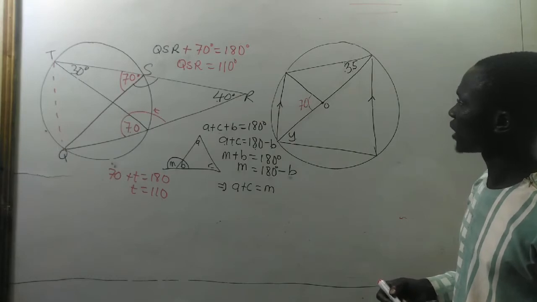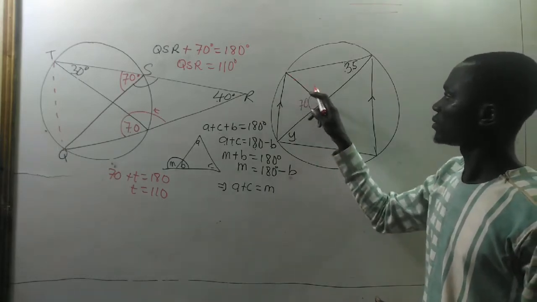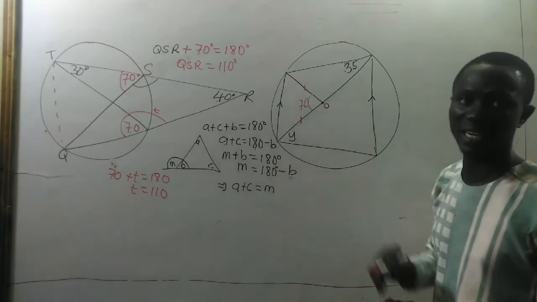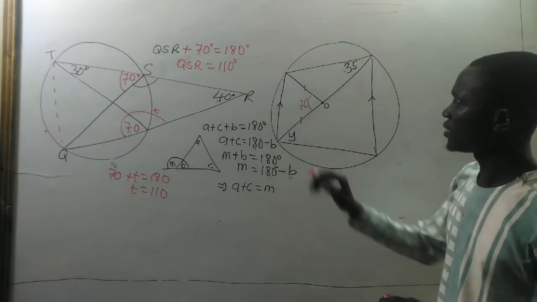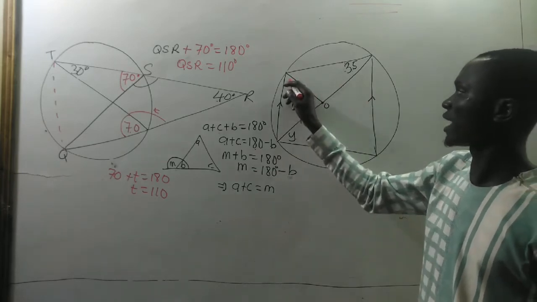After we have done that, this is radius and this is radius, because this is the center of the circle. Now if this happens, this triangle becomes an isosceles triangle, so the base angles are the same.